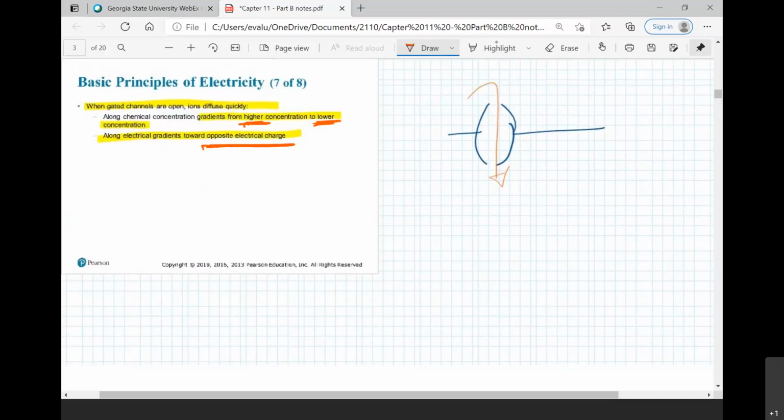So if I have a high concentration of calcium, it will move in the direction from high to low. But if I have a high concentration of positives, it will also go towards negatives. So we will have both things occurring.